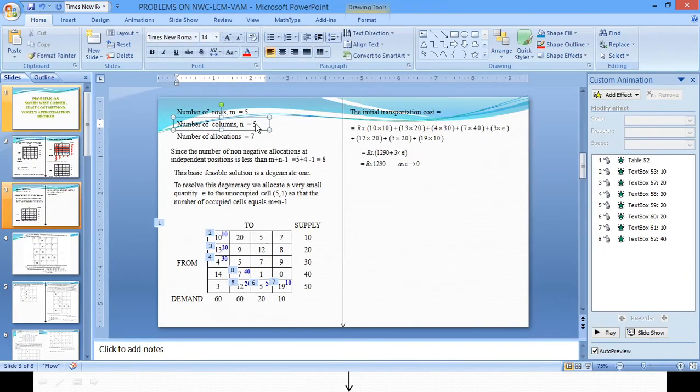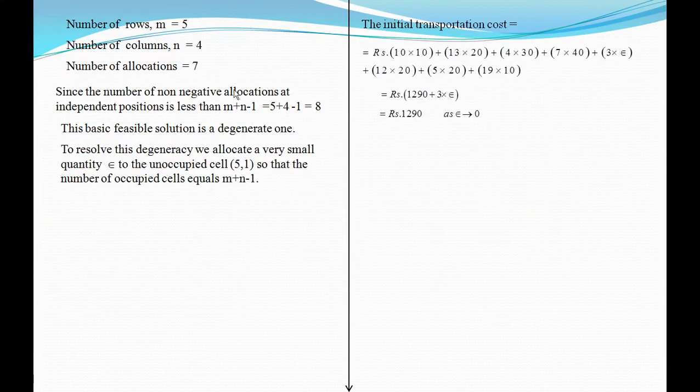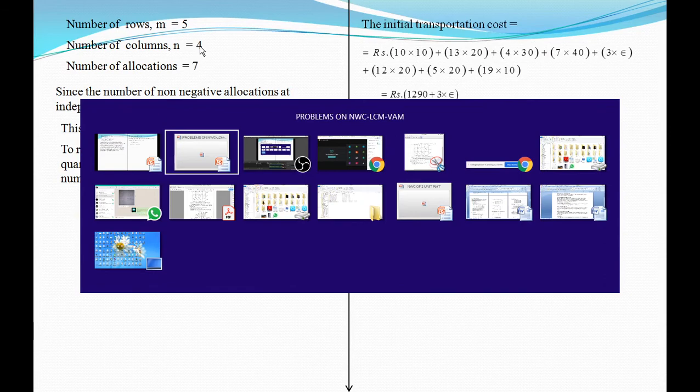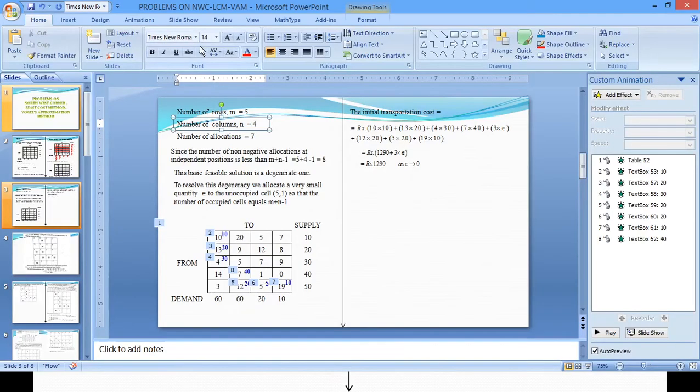So how many rows and how many columns? We have 4 columns. See this, I have changed it: 5 rows and 4 columns.